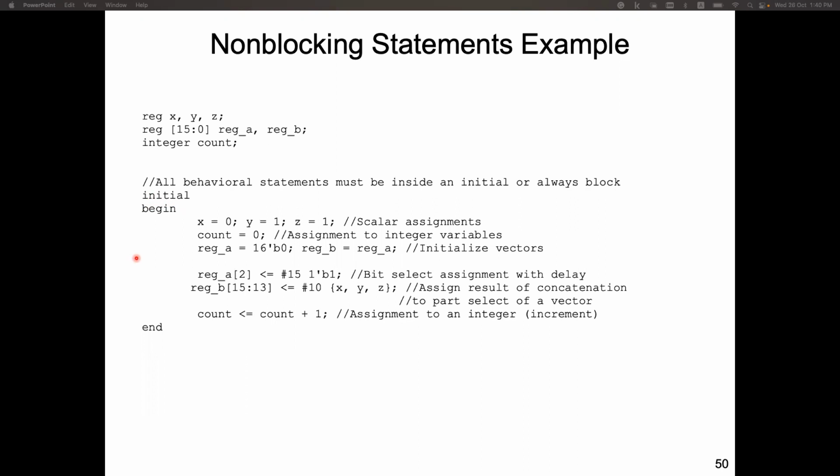So if we use non-blocking statements, the scheduling of these statements is still sequential, but the assignments are not blocking. So in this example, the statements from x equal to 0 through register B equal to register A are executed sequentially at time equal to 0.